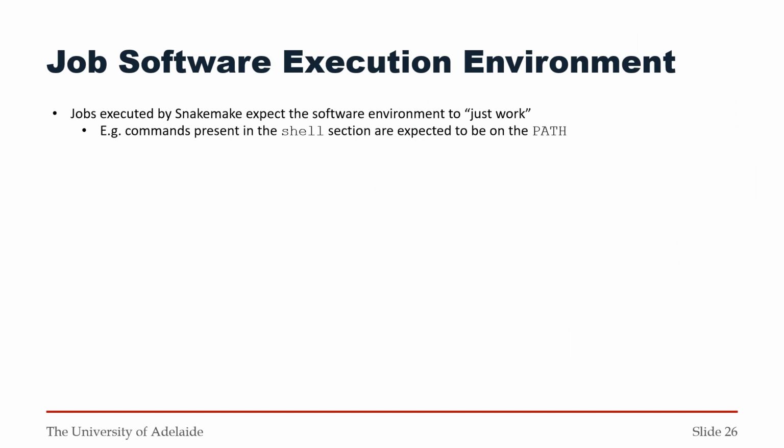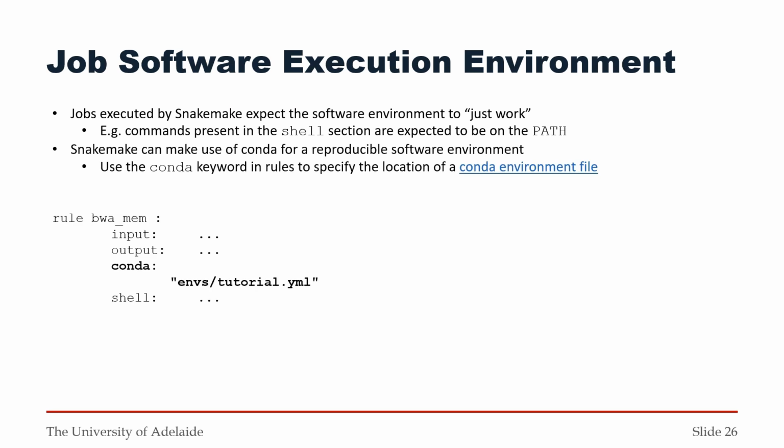So if you have these jobs with shell keywords specified, Snakemake, when it runs those jobs, will just assume that those commands are in the path. On HPC systems, that generally isn't the case. You usually have a module system where you have to load modules, or you have Conda where you can specify a Conda environment that sets up what tools need to be installed for a particular job.